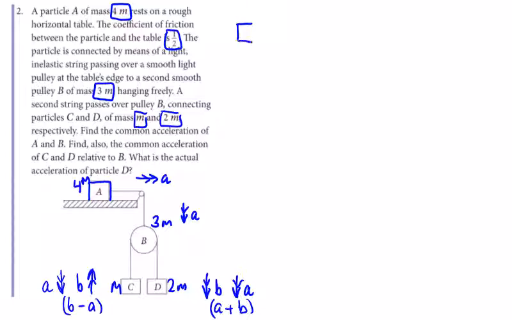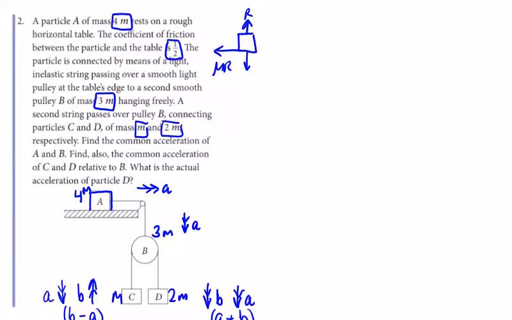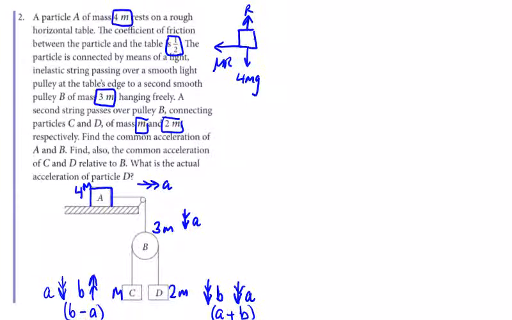For A, we have mu R going back this way, we have 4mg, and we have string going in this direction here, and we're calling that T1, and we'll call the other one T2.